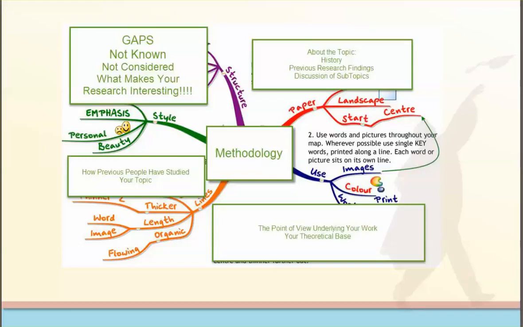That's your theoretical base and also your methodological base in some ways and for some kinds of methodology. How did previous people study your topic? Has it been studied? And has it been studied in the same way or different ways? We need to place your study within this, again, kind of like a river of studies.